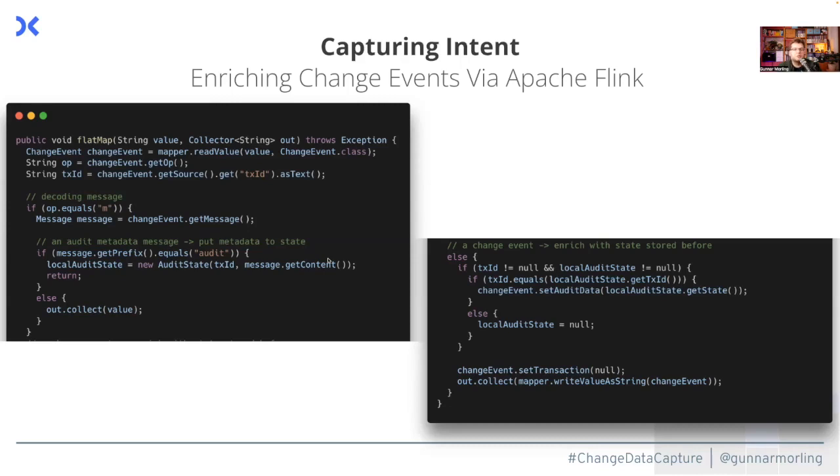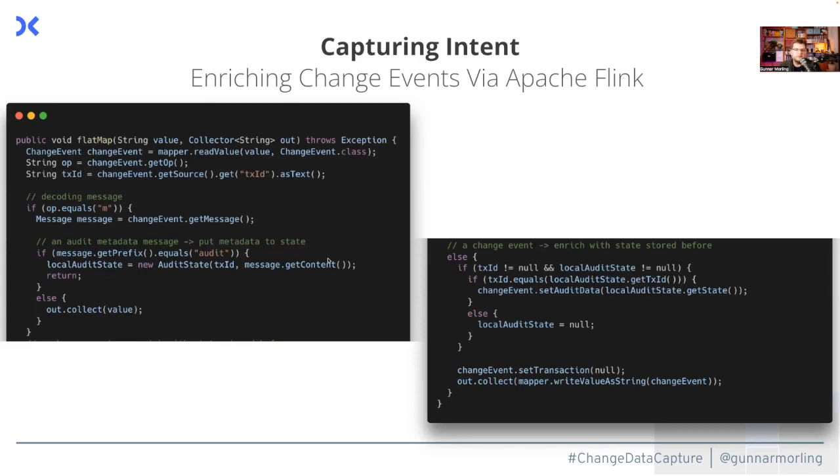And this is exactly what we want to do, because if we receive such a logical decoding message, for instance, we don't want to emit this right away. We just want to capture this metadata which was inserted, and we want to put this into a state store. So this is what's happening here on the left-hand side. If the operation type equals M, so that's a logical decoding message, then we would take the metadata and put it into an internal state store.